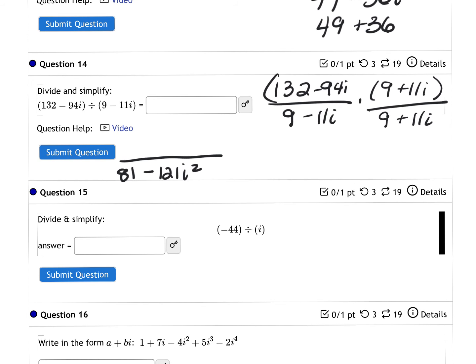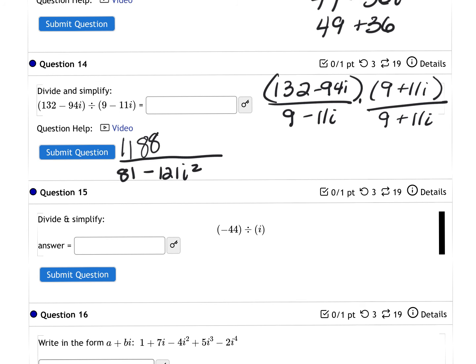My top is going to be this number, which I need to multiply out. So let's take a look at that. So 132 times 9, 1,188.